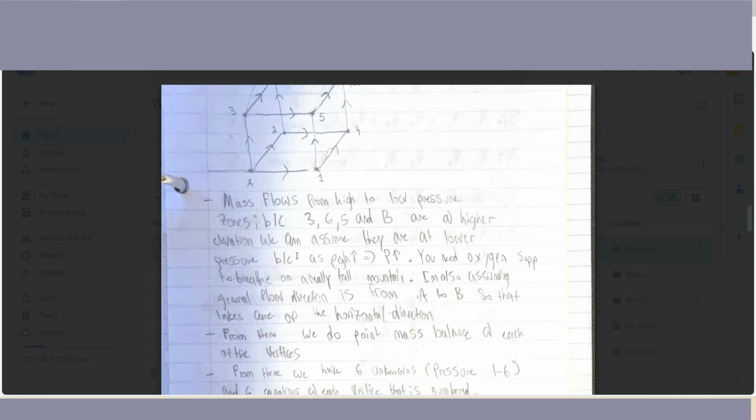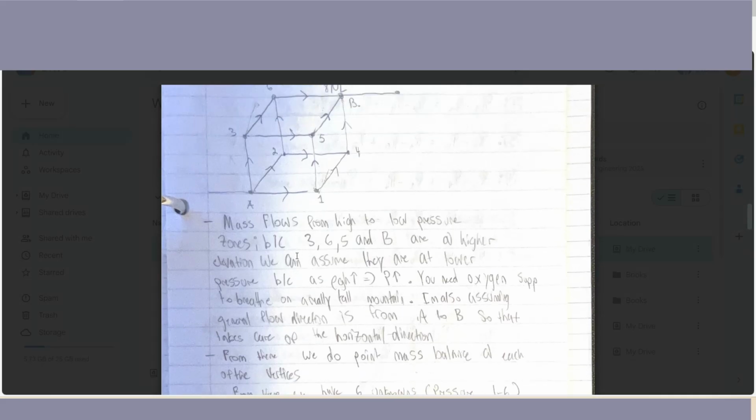So mass flows from high to low pressure zones. So these higher points are going to be low pressure points, and these 2, 1, and 4 are going to be low pressure as well because they're connected more directly to the high pressure area than the reverse direction. Obviously, just think about it logically.